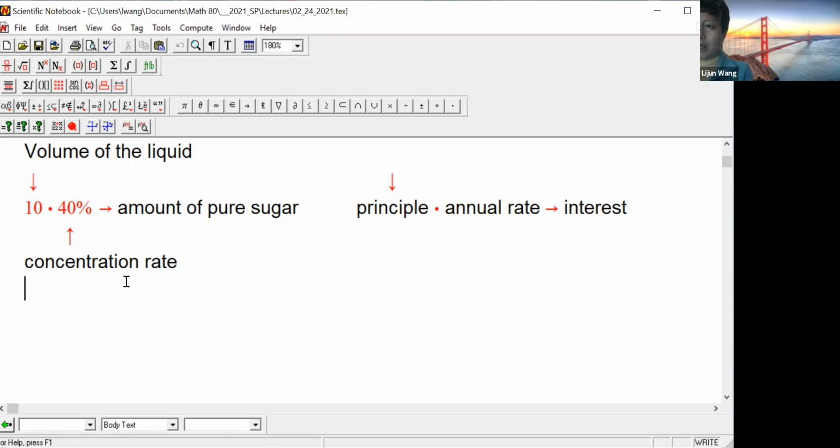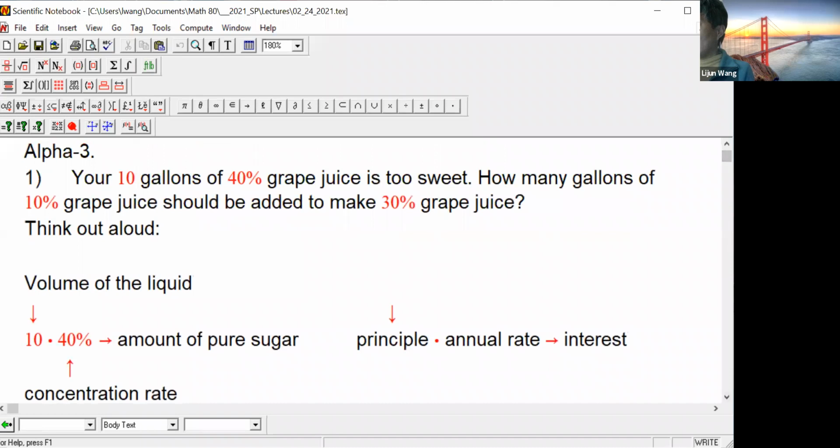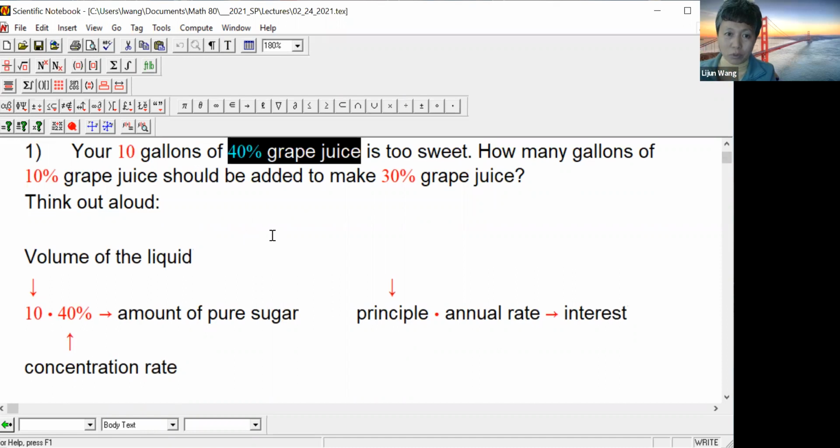Now if we go back to read the question, I not only know I have 10 gallons of 40% grape juice, I also know exactly how much pure sugar is in it. Do you follow me? The amount of pure sugar in it.